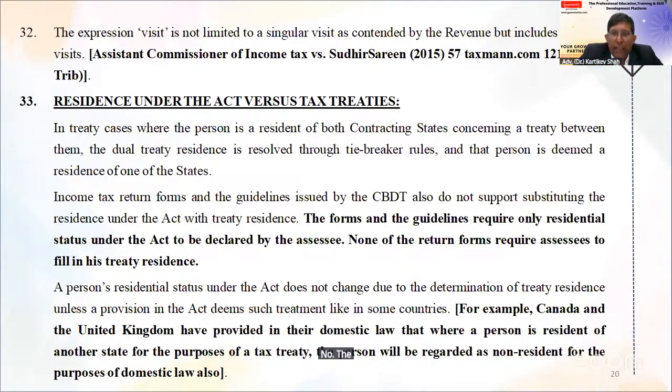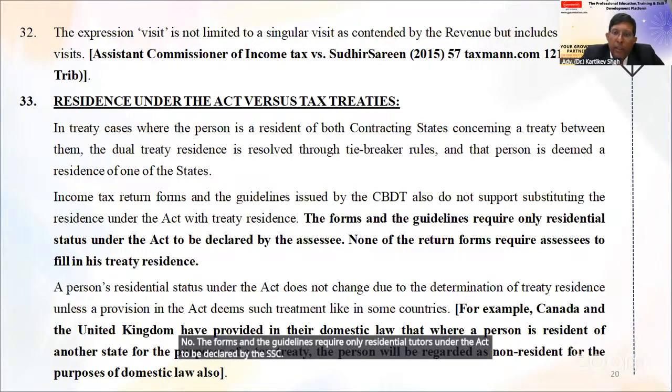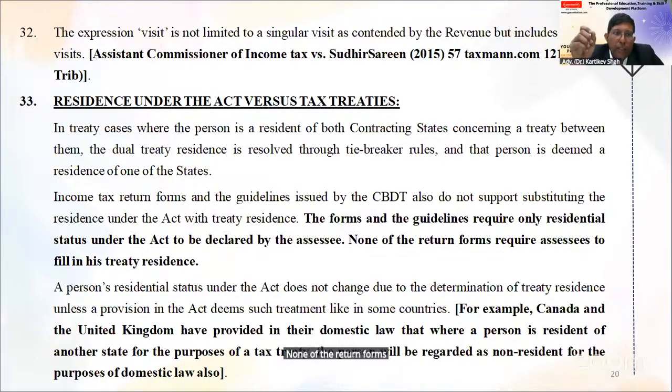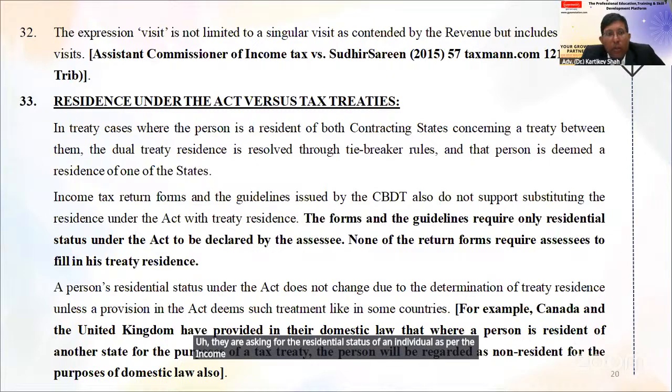The forms and the guidelines require only the residential status under the Act to be declared by the taxpayer. None of the forms require the taxpayer to fill in his treaty residence. Even in the tax residency certificate, they are asking for the residential status of an individual as per the Income Tax Act and not as per the treaty residence.